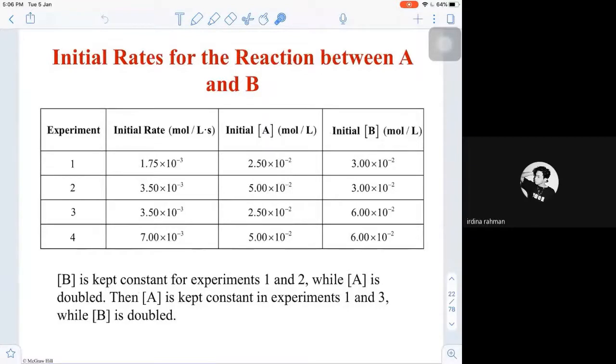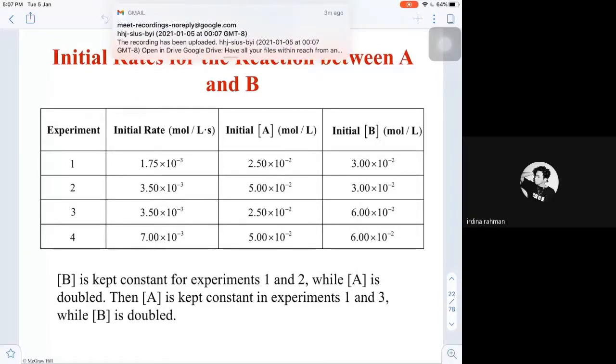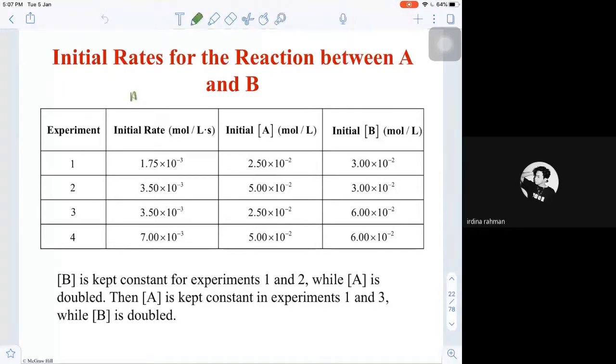This is a reaction of A plus 2B produce C plus D, if you look at the textbook. What they did is they ran several experiments, changing the concentration of both reactants A and B.